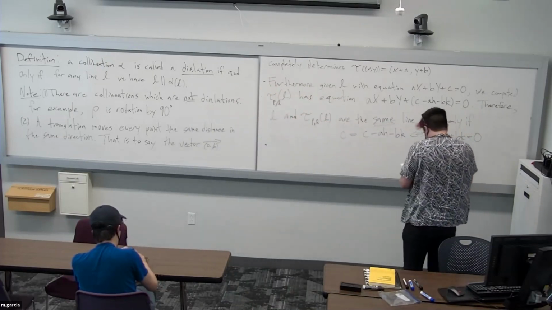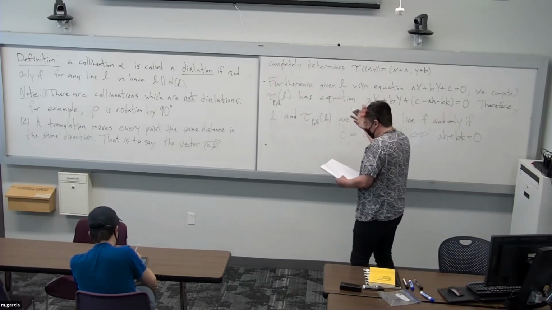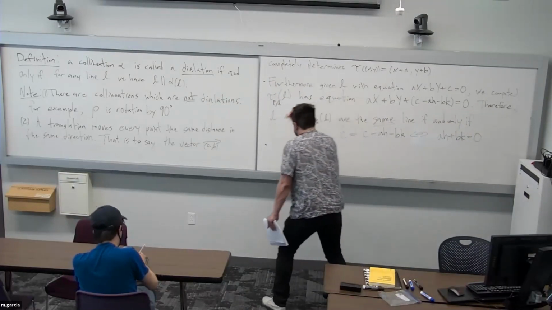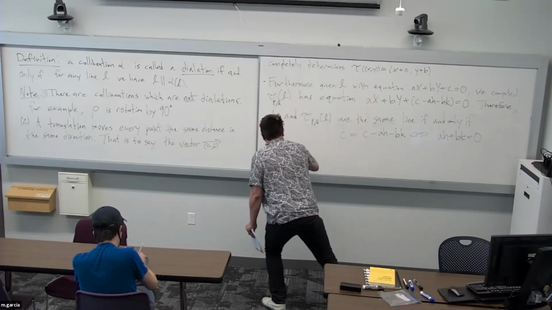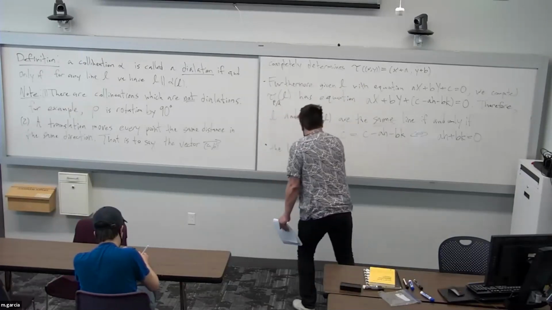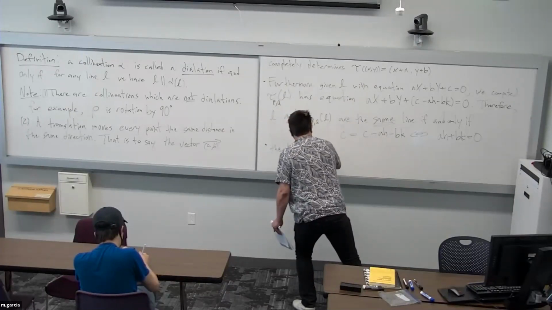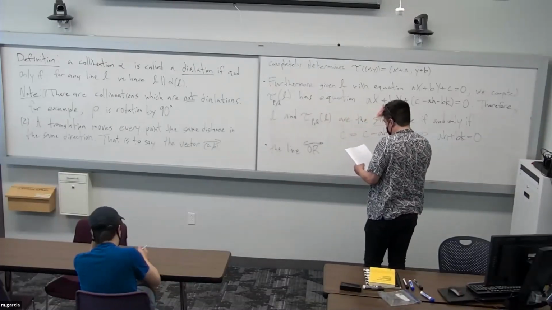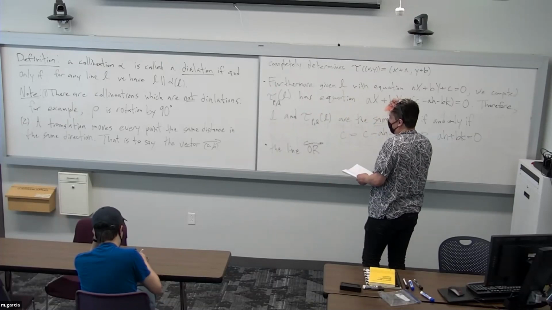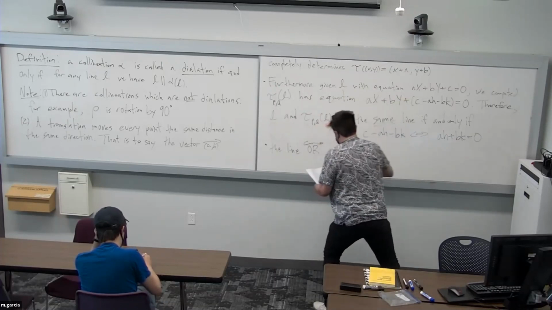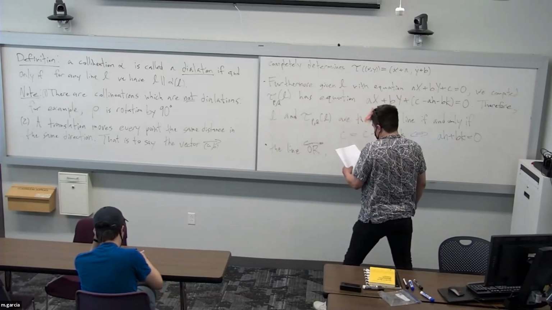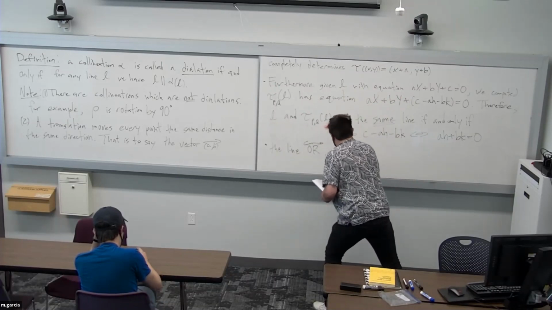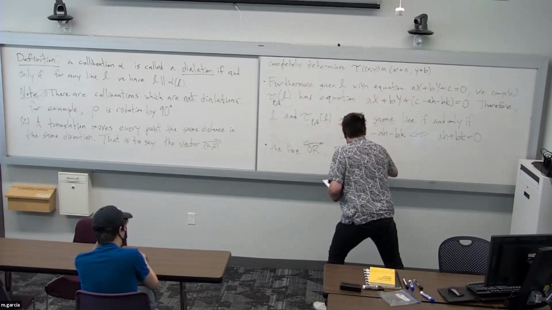Now let's take this another step further. Let's consider the line from the origin to point R, where, just as in the notation from the theorem, R is the point h comma k.